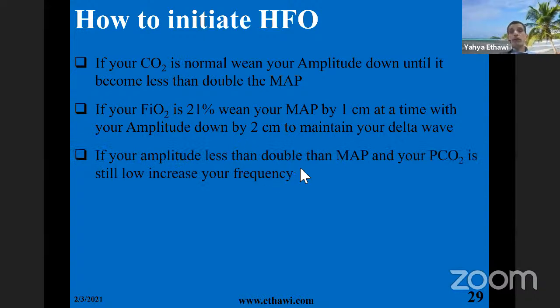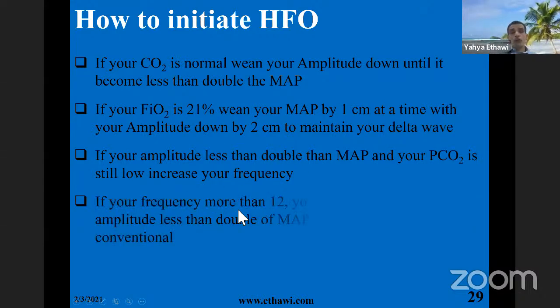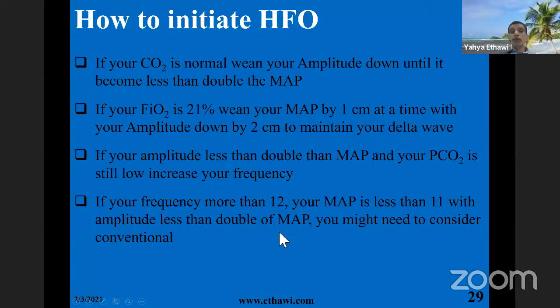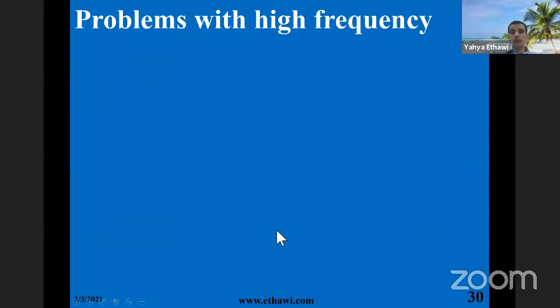If your amplitude is less than double the map and your CO2 is still low, then you might need to increase your frequency. If your frequency is more than 12, your map less than 11 with amplitude less than double map, you might need to consider going back to conventional ventilation.